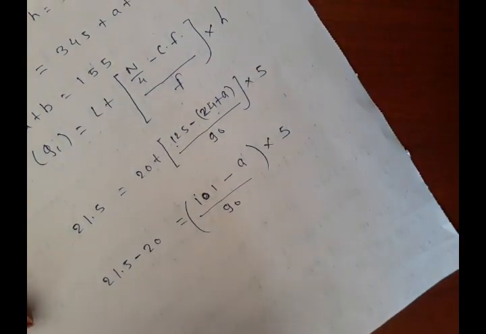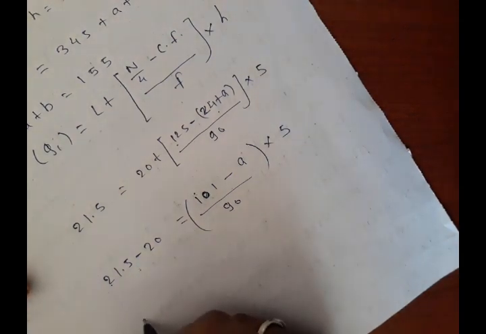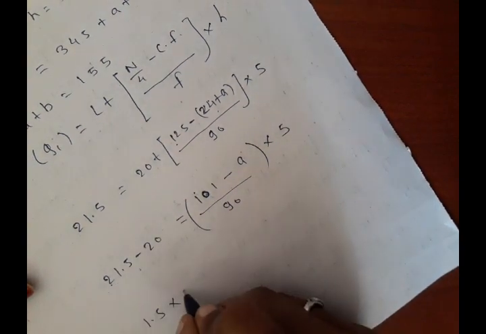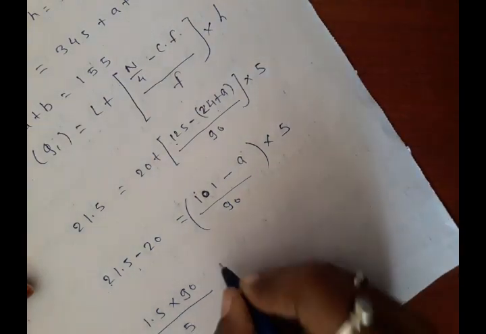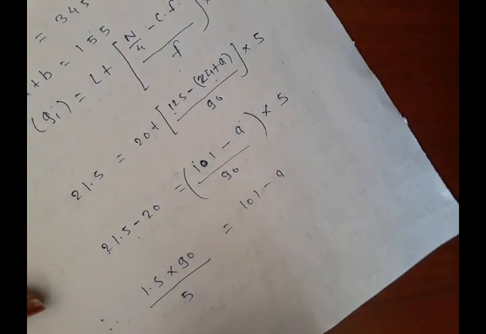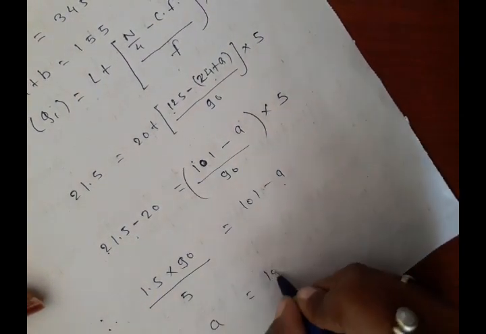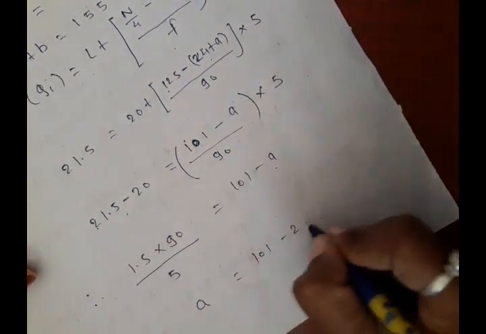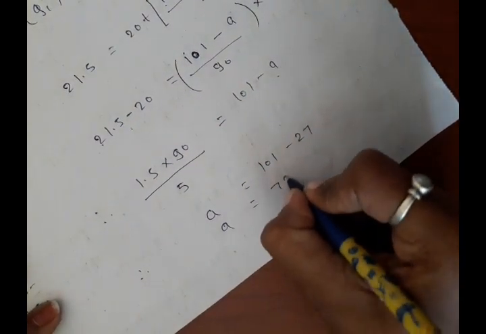Therefore 21.5 minus 20 is 1.5. Multiply by 90 on this side and divide by 5, which is equal to 101 minus A. Therefore A is equal to 101 minus 27, which gives A equal to 74.